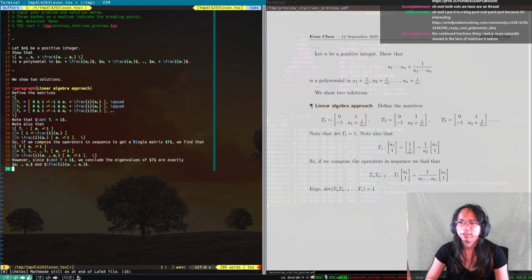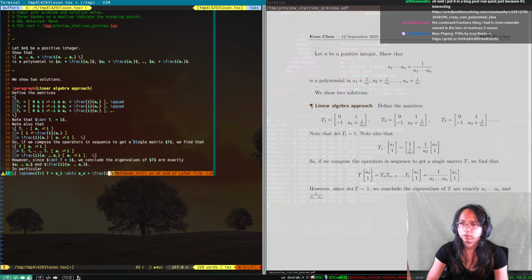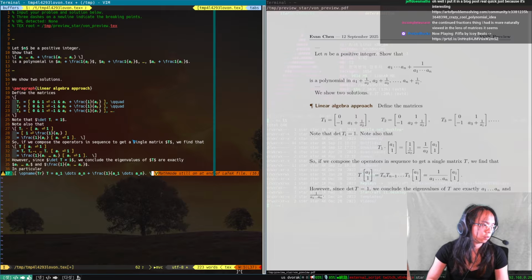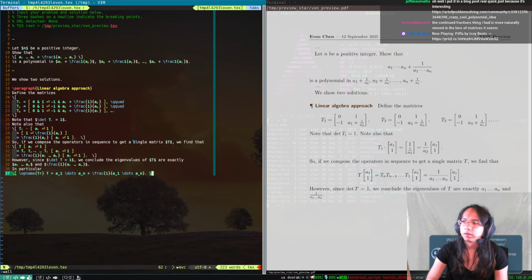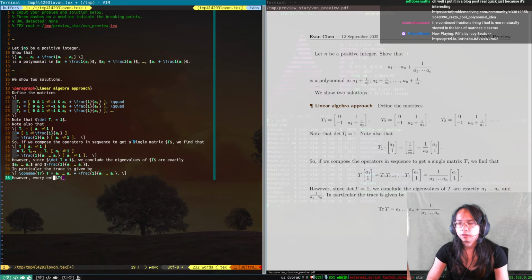This is ridiculous. In particular, now we look at the trace. We don't care about the trace of the individual bits. Trace is given by that, and so however the trace of T... however every entry of T is a polynomial in the... given by matrix multiplication.